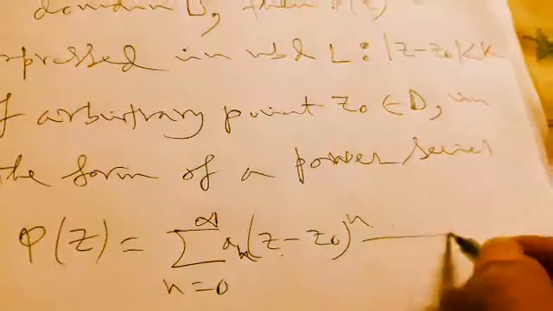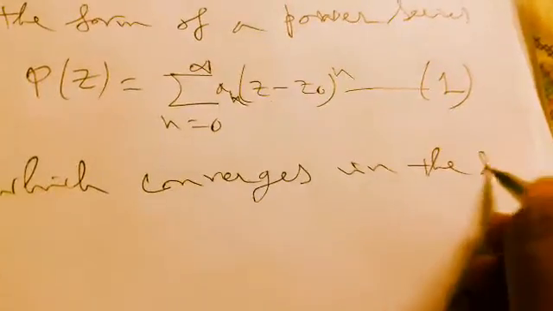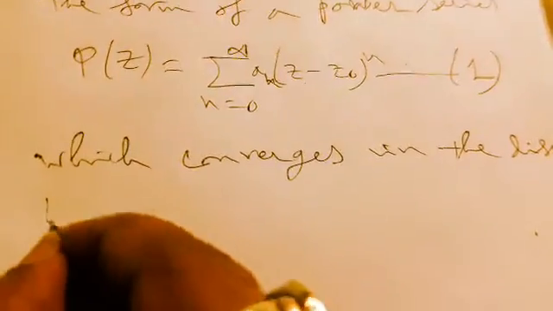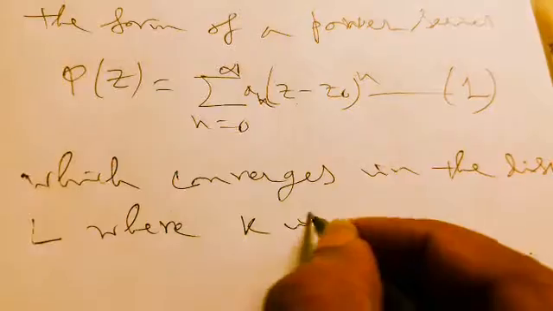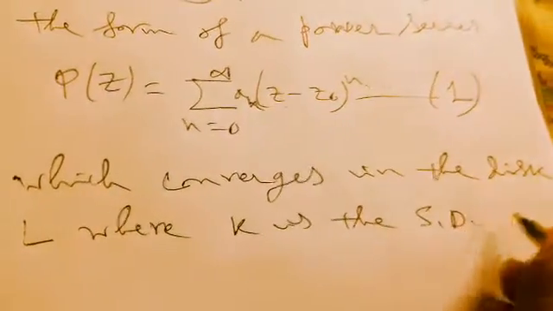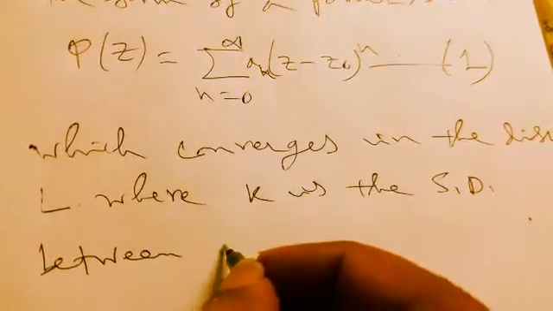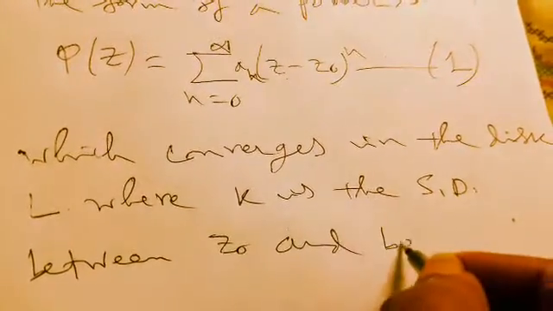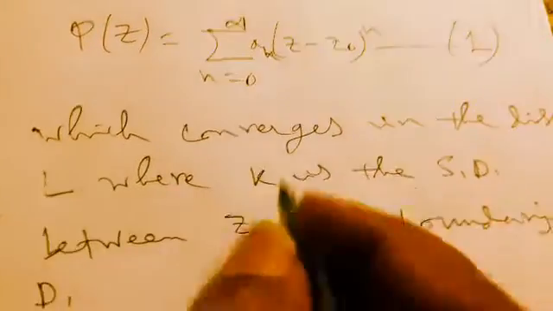We take this form of power series as equation number 1, and it converges in the disk L, where this k is the shortest distance between z0 and the boundary of D. This is our statement and criteria.